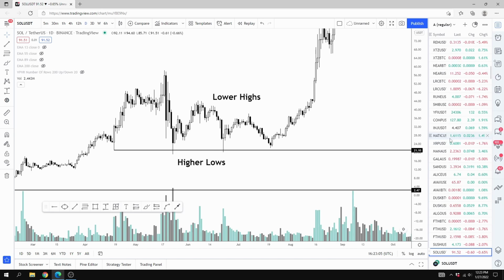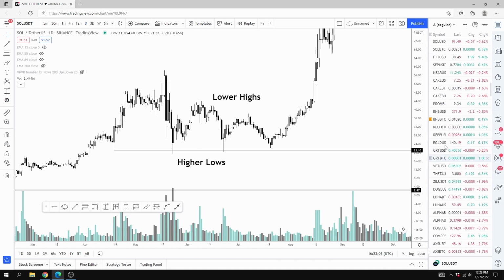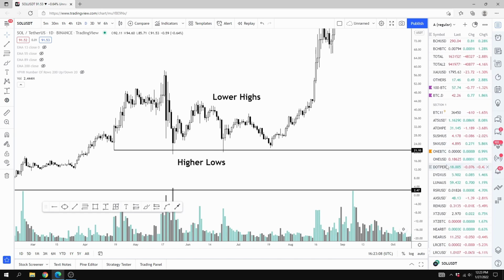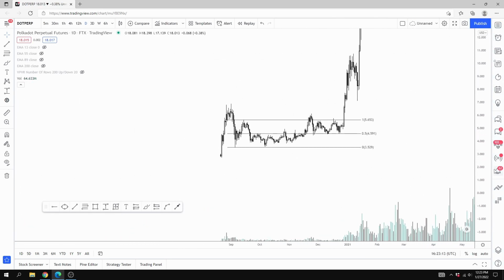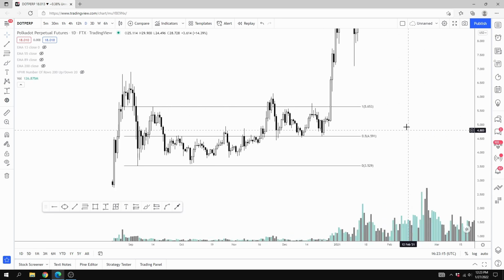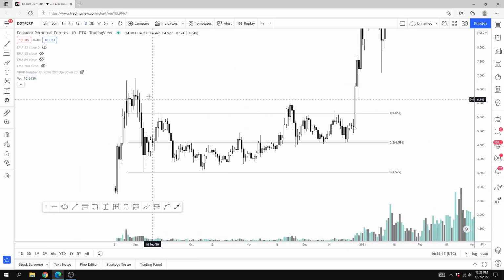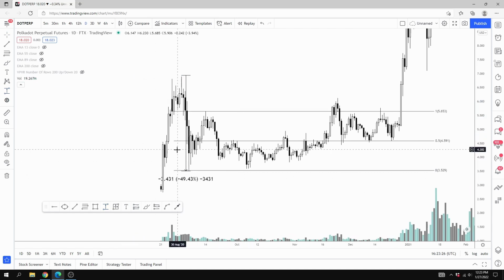Let's also look at DOT too. I always like to cite DOT because DOT is a coin that really looks like bullish accumulation. But it has many of the same principles as I said before. As I said, it always starts with a big market nukage. You always see the negative 60% candle, and you always see high volatility right after that.